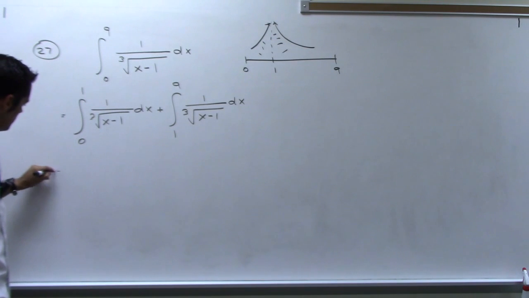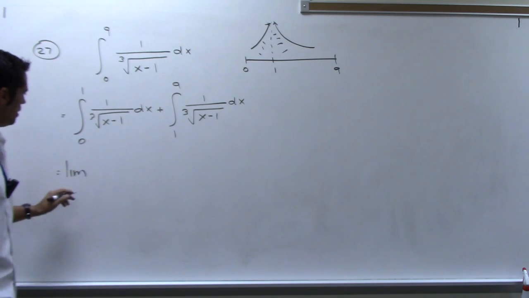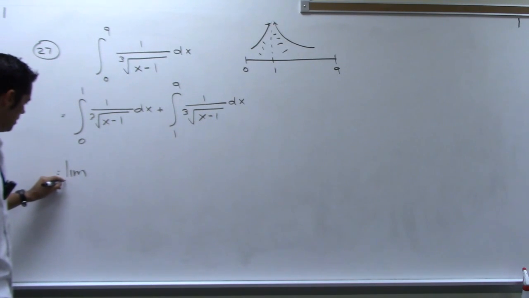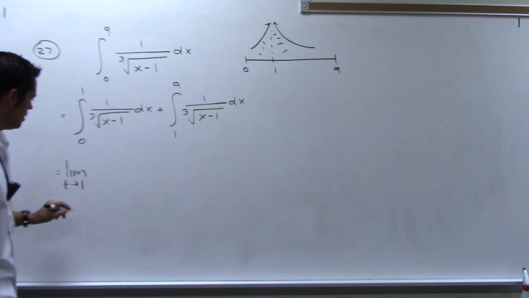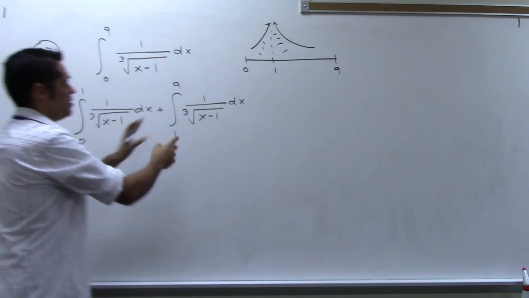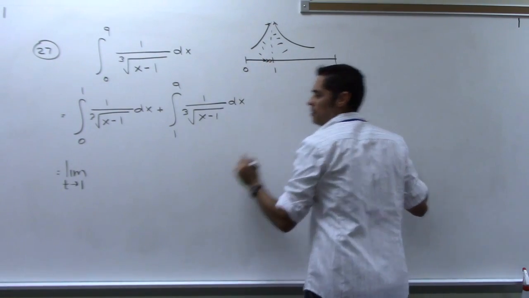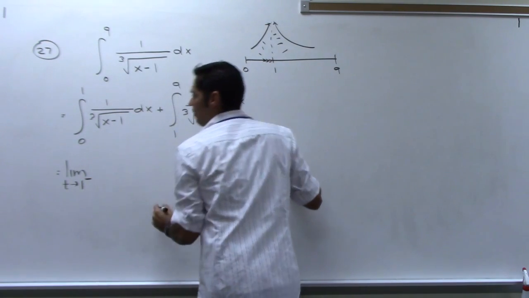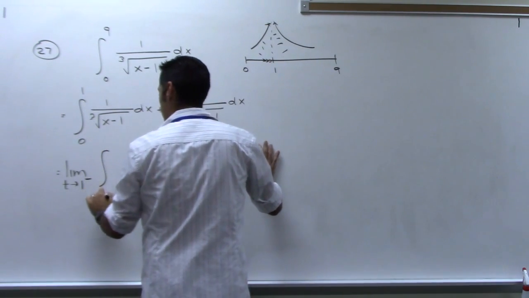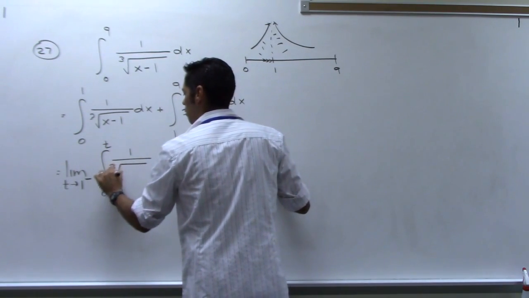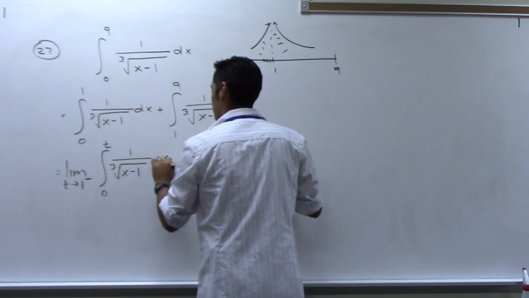So limit, 1 is where I have the issue. So I go limit t approaches 1. And since this integral represents this first side over here, I'm approaching 1 from the left side. So 1 from the left of the integral 0 to t, 1 over cube root of x minus 1 dx.